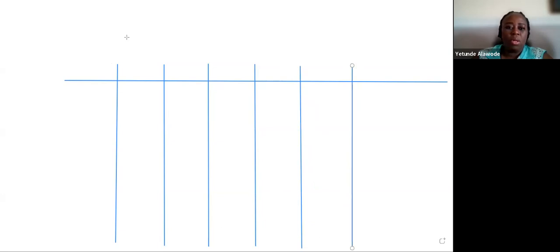So the first one, what you have here is your capital A, B, C. The next square, you have your, just showing you so that you know what to do in your assignments.